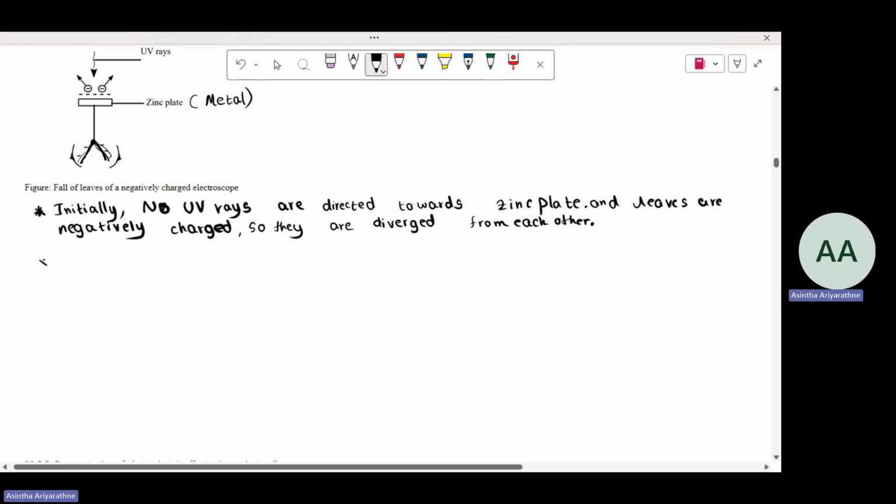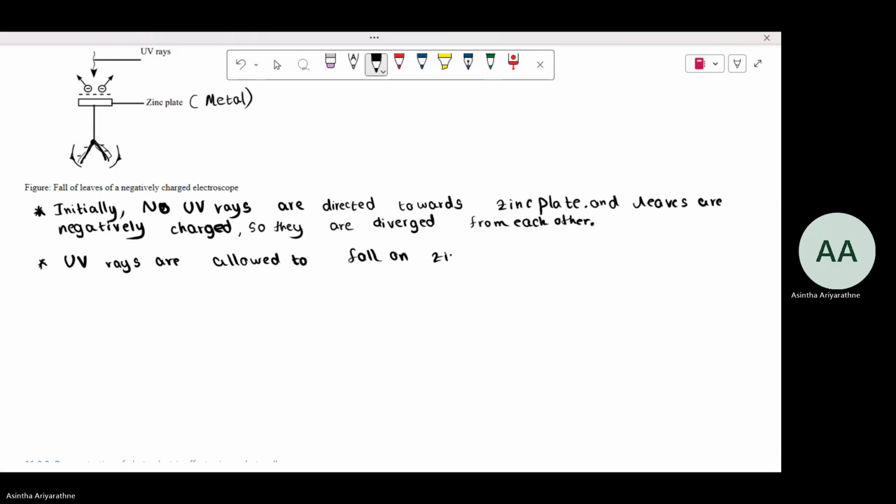But then these UV rays are allowed to fall on the zinc plate.